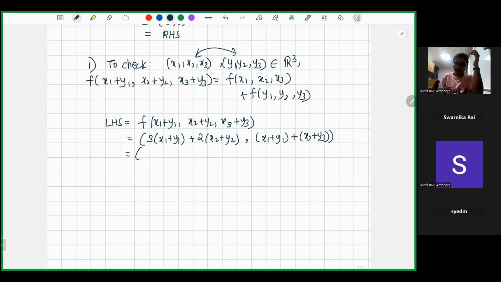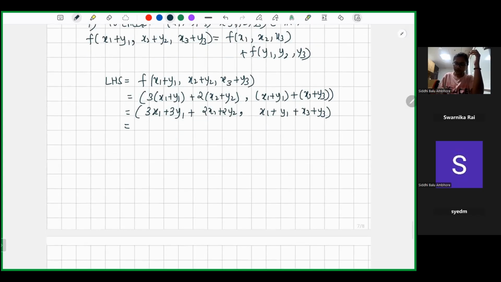This is 3x1 plus 3y1 plus 2x2 plus 2y2, comma x1 plus y1 plus x3 plus y3. Since addition is commutative, we can club the x terms and y terms together.